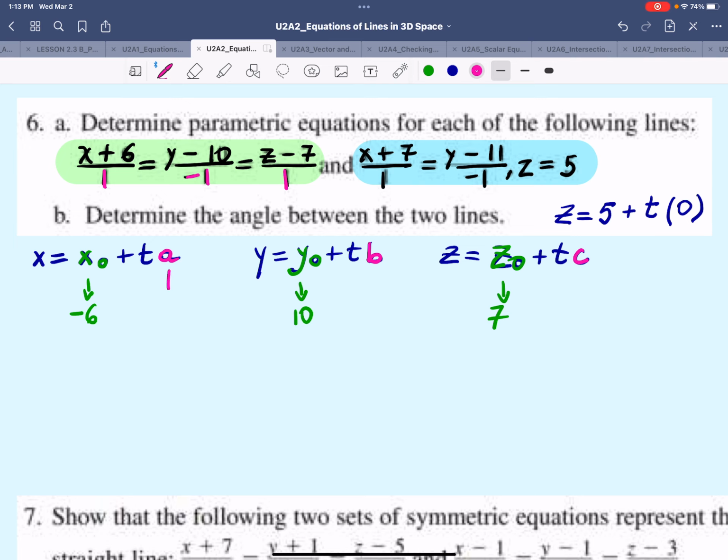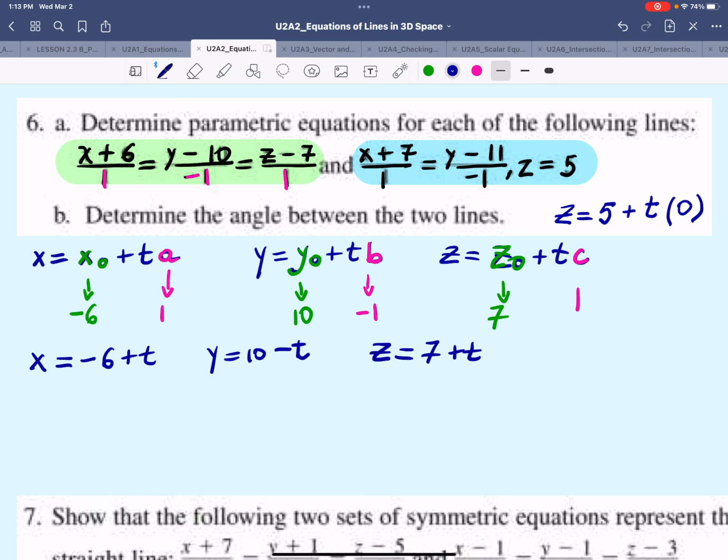A, b, and c will be the exact same denominators that we see in the symmetric equation. So -1, and this is +1. So this will allow us to write the exact equation. So x equals -6 plus t, y equals 10 minus t, and z equals 7 plus t.